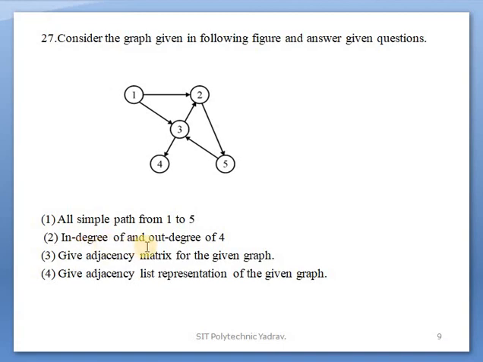Write the in degree and out degree of the fourth node. Give the adjacency matrix and adjacency list of that graph. This is the 27th question.